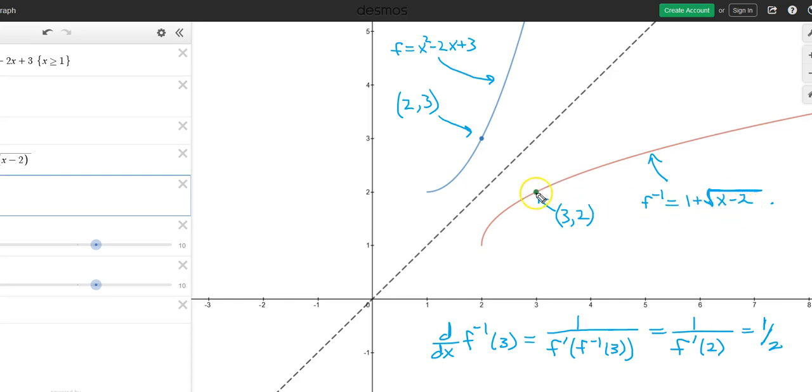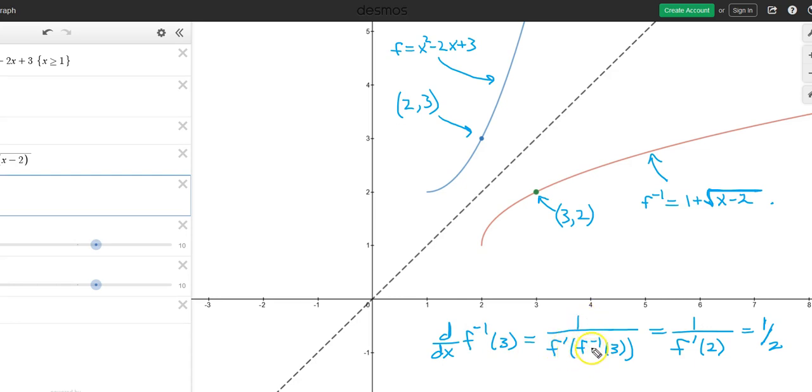Now right here we have a point (3, 2) on the graph of the inverse. And then moving across the main diagonal an equal distance, we have the point (2, 3) on the graph of the original function.